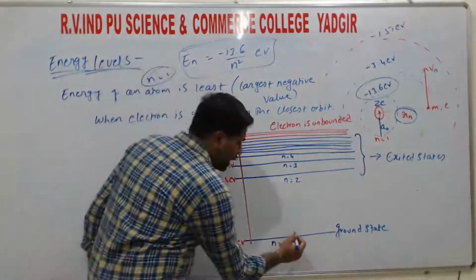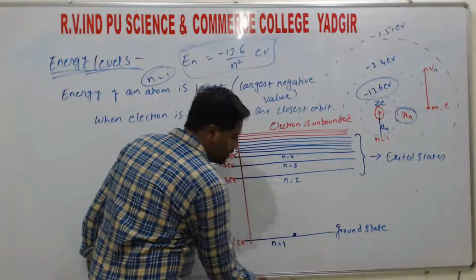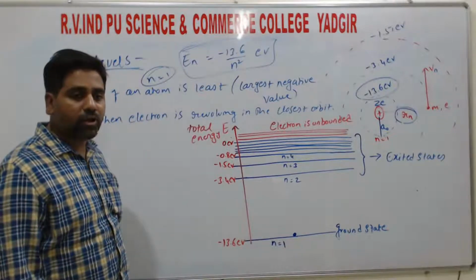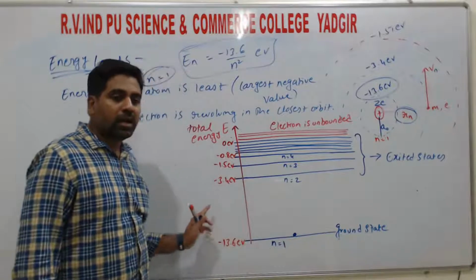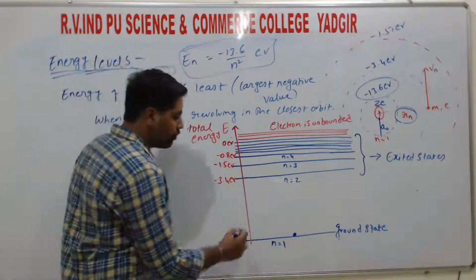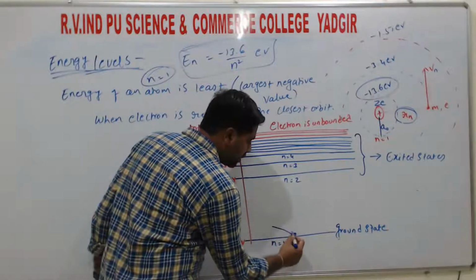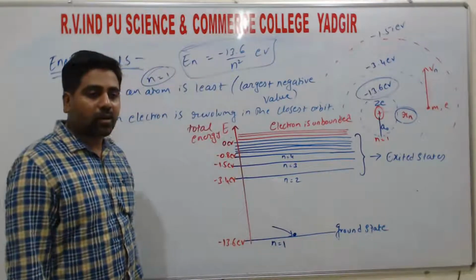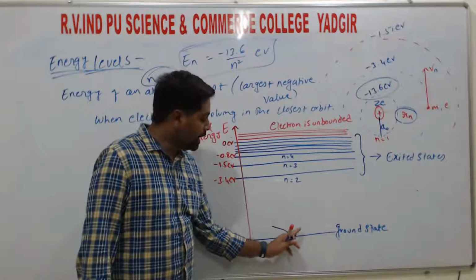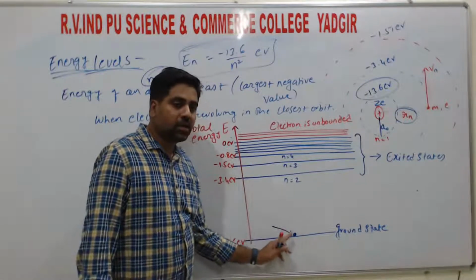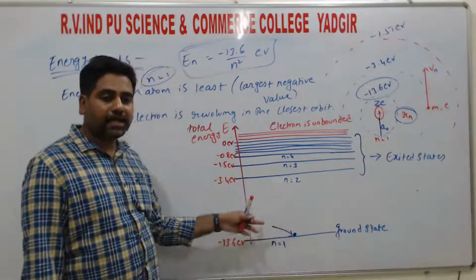So if the electron is in the ground state, that is, revolving in the first orbit, and this atom collides with an electron, then the electrons present in the atom get excited.